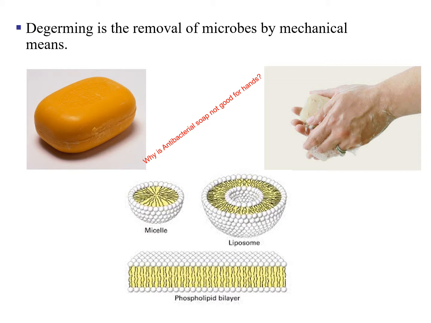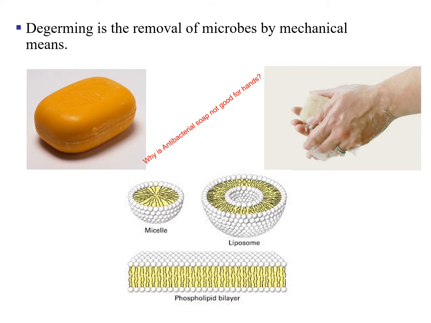So that micelle is a fat molecule. Well, there are many fat molecules associated with it, and the little microbe is going to be inside of the circle. So when you wash hands and you lather, that is what you are doing. You are packaging the microbes into these neat little packets of fat molecules called micelles.